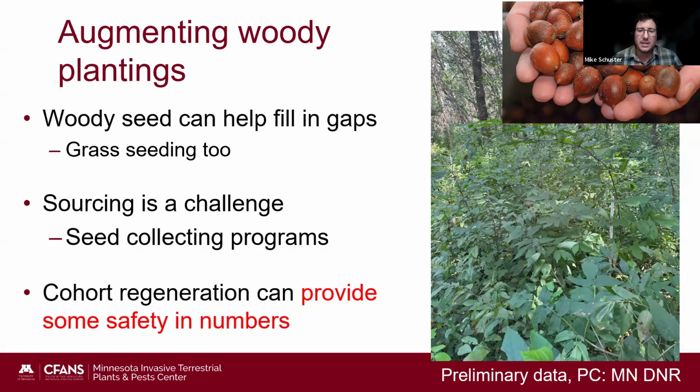If you have a bunch of plants coming up in cohort, coming up in concert with each other, then you can kind of spread out the herbivore damage a little bit. That's an anecdotal observation from some of our experiments.